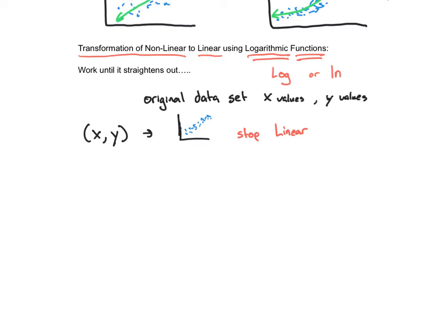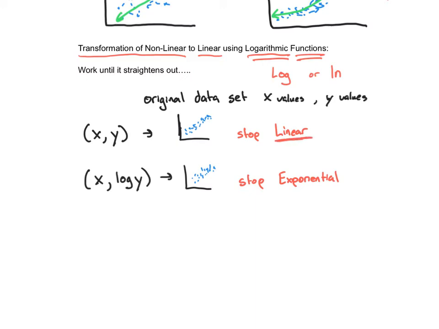So the first thing that we can do is take all the values, and either log or natural log all the y values. And then let's replot it and see if it, in fact, straightens out the data. If it does, then we would stop and we would know that the original function was exponential, right?